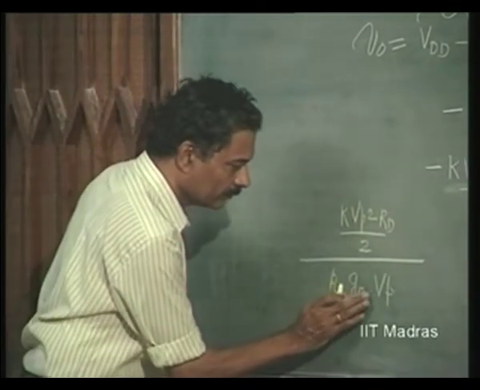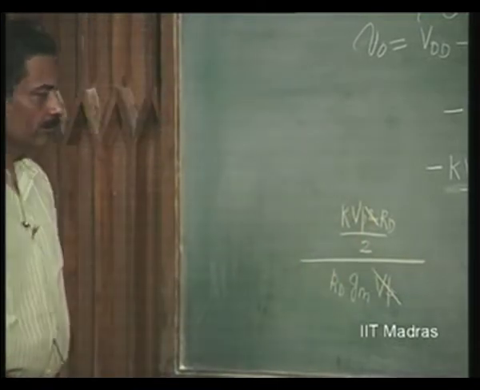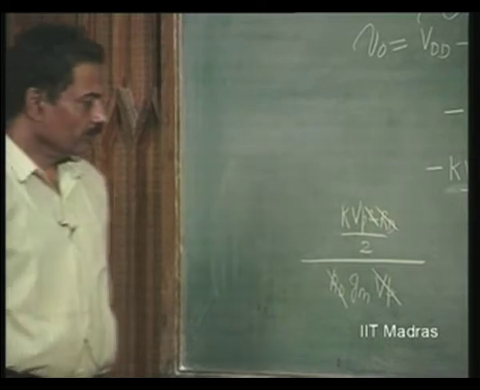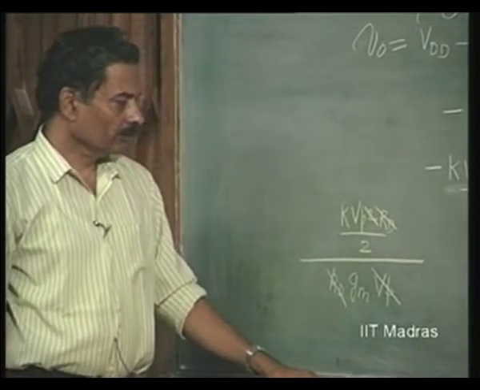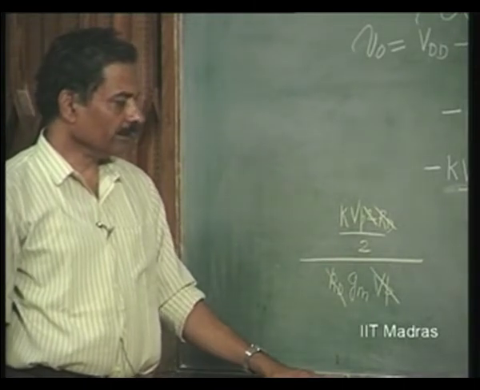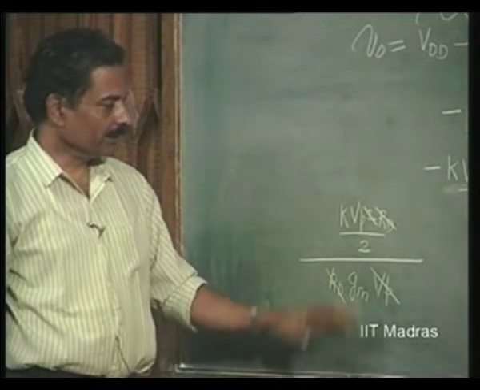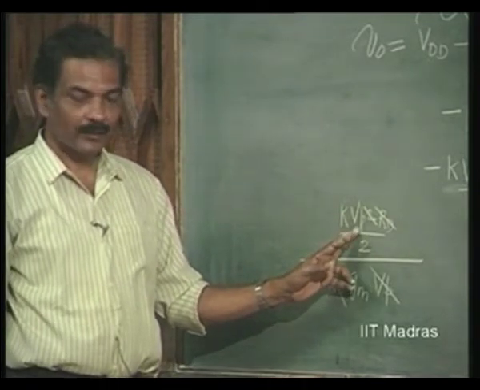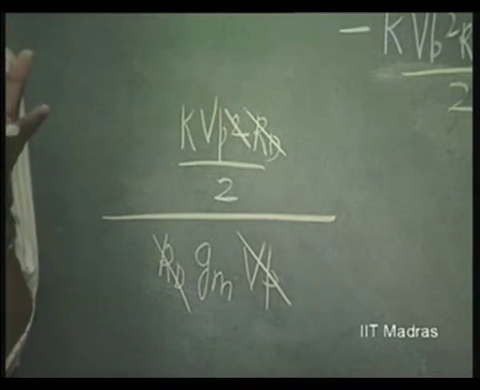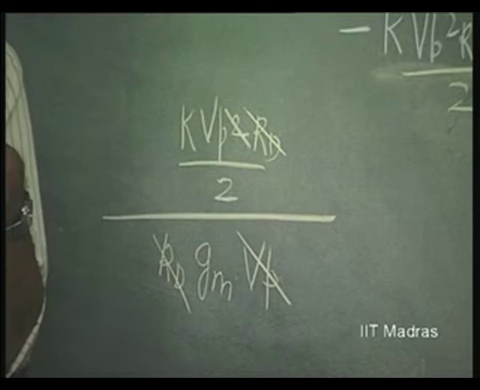So, you can therefore get the extent of distortion using this, like we measured the input signal in terms of Vt in the case of bipolar junction transistor.